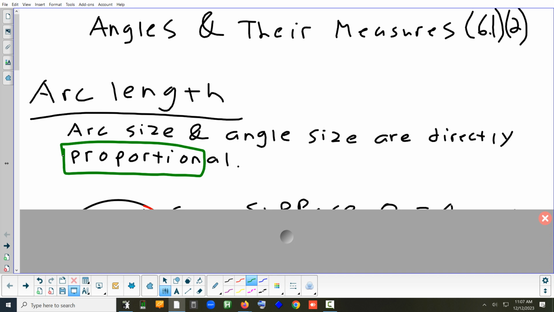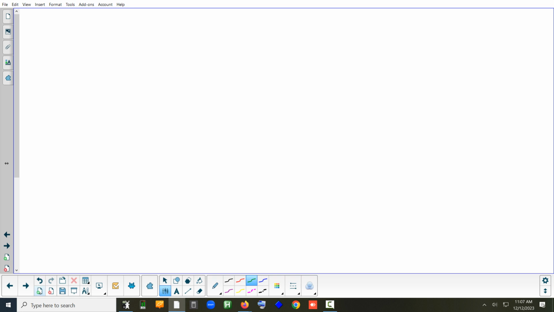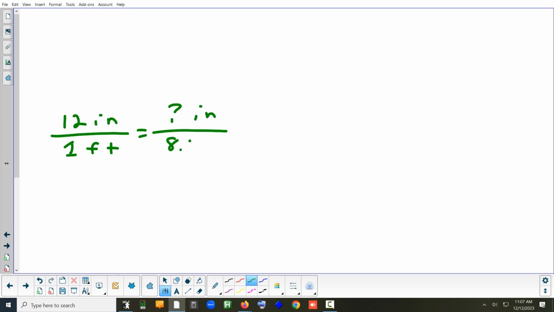I think I did an example like this yesterday, with feet and inches. What's a true fact between feet and inches? 12 inches is 1 foot. So now if you want to know how many inches in 8.5 feet, I can just say there's this many inches in 8.5 feet. And now I have a proportion and I can cross multiply.